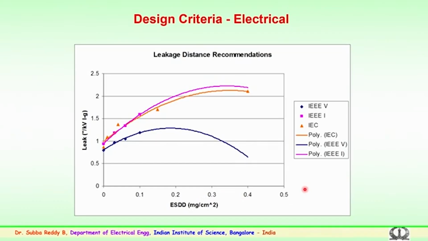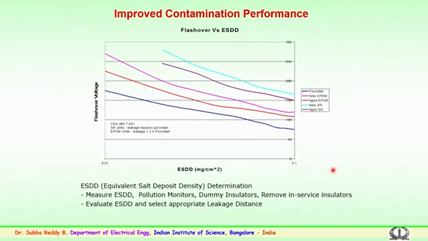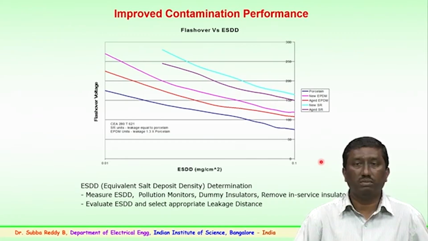So, both for ceramic, glass and polymeric materials, which have to be used for the laboratory evaluation for the verification of performance of insulators. Then again this graph shows the improved contamination performance, mainly the flashover voltage versus the equivalent salt deposit density.